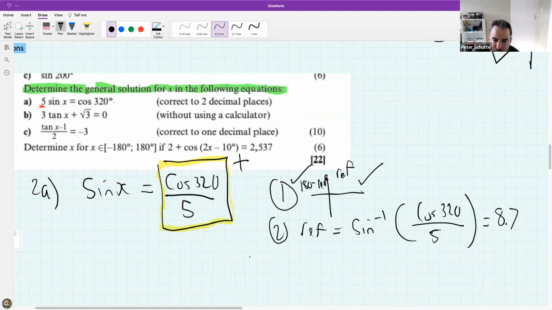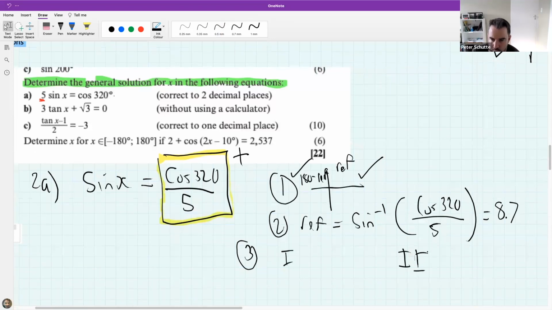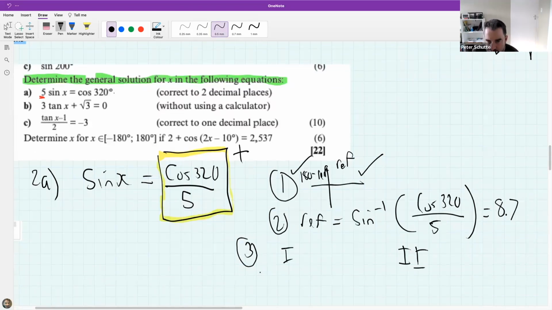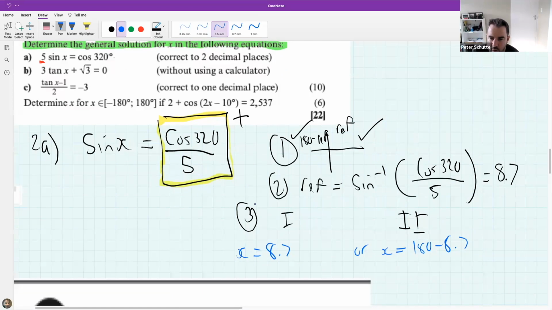And then step 3 is what quadrants are my answers in? It's quadrant 1 and quadrant 2. And so my answer has to be that x is 8.7 or x is 180 minus 8.7.